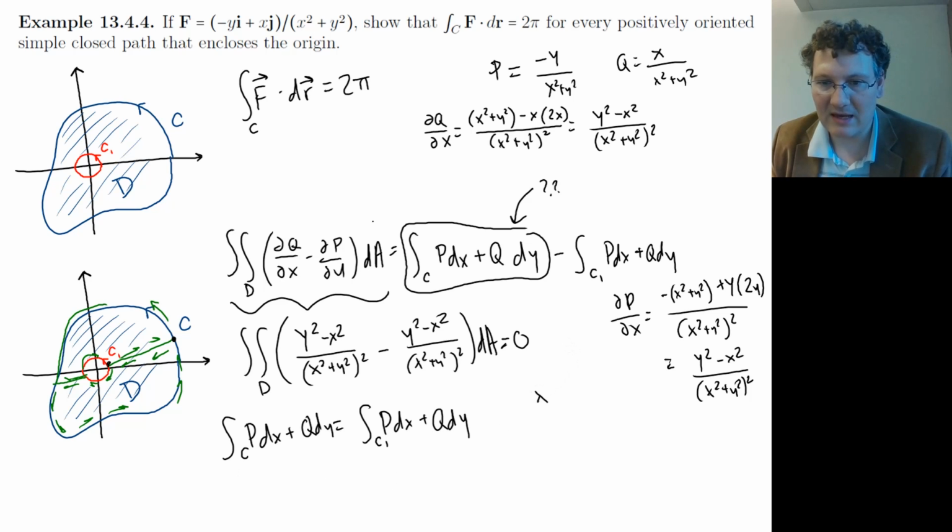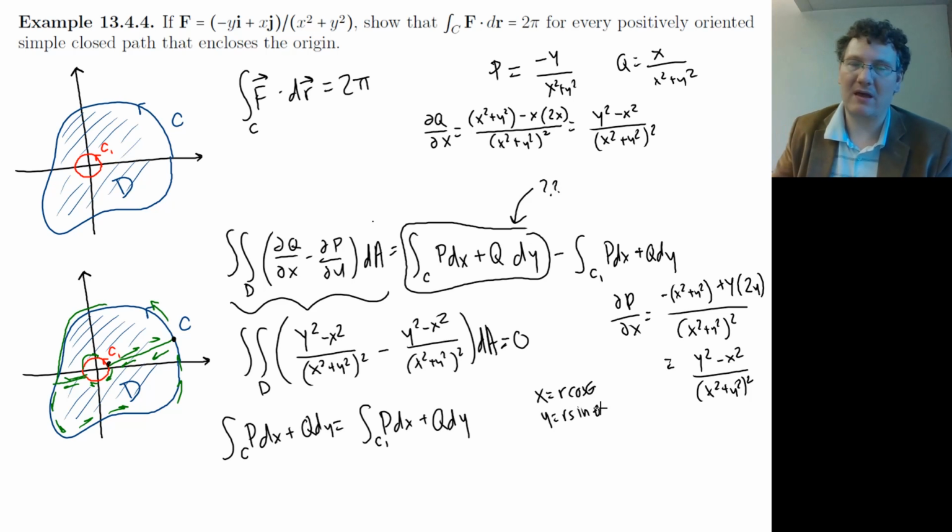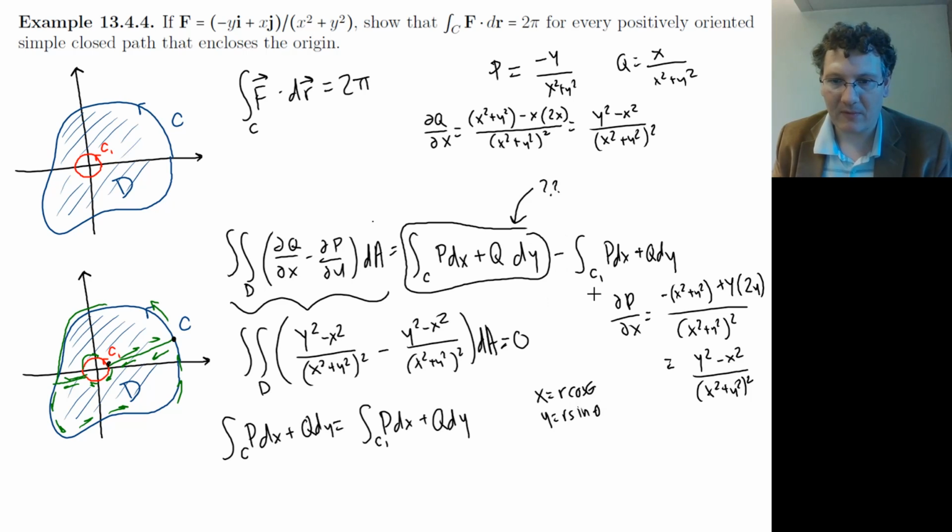We can let x equal whatever the radius of that little circle is, call it r cosine theta, and let y equal r sine theta for whatever that r happens to be. It's something small. And then we're looking at the integral from 0 to 2 pi.